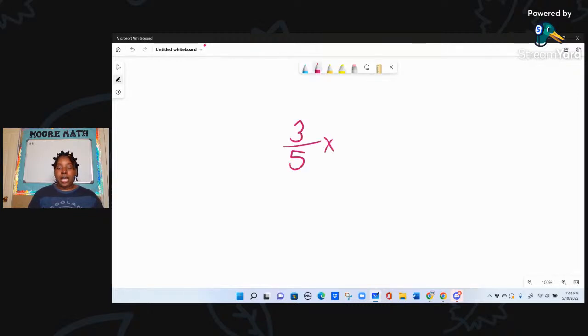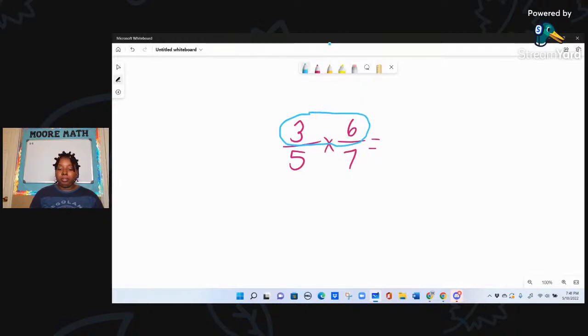So we have 3/5 times 6/7. Okay. So with multiplying fractions, we're just going to go straight across. Out of all of the fractions, this one's the easiest because we just go straight across.